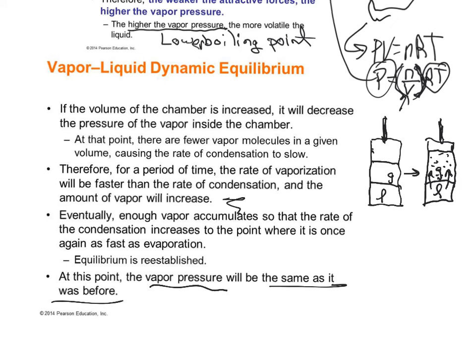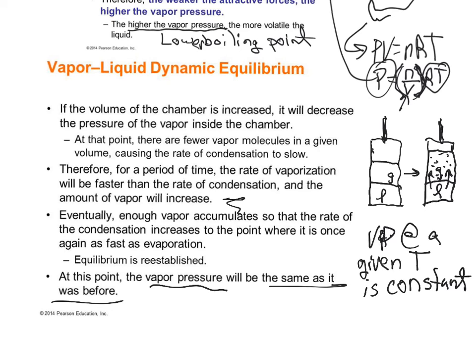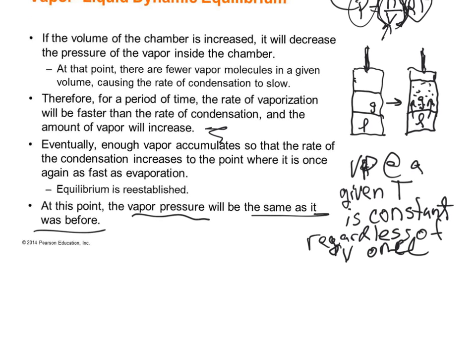So vapor pressure, VP, at a given temperature, is constant regardless of volume, V, once the dynamic equilibrium is reached.